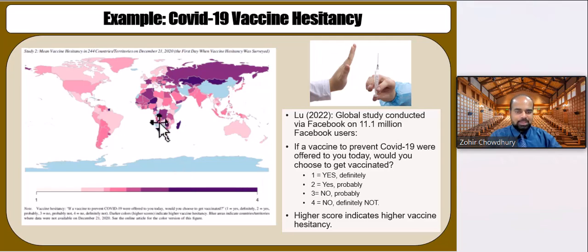Do remember that this study was conducted right at the end of 2020. Exactly, the question was posed on December 21st, 2020. At that time, we only had three vaccines that were approved, which is the Pfizer, Moderna, and AstraZeneca in the Western world. And there were, I think, a Chinese as well as a Russian vaccine that was also approved in their respective countries.